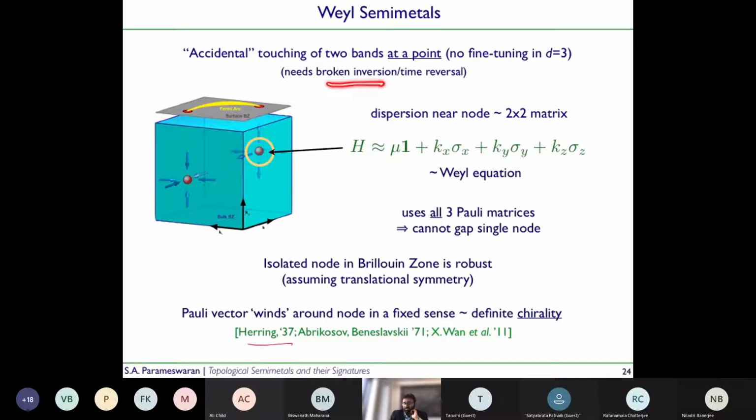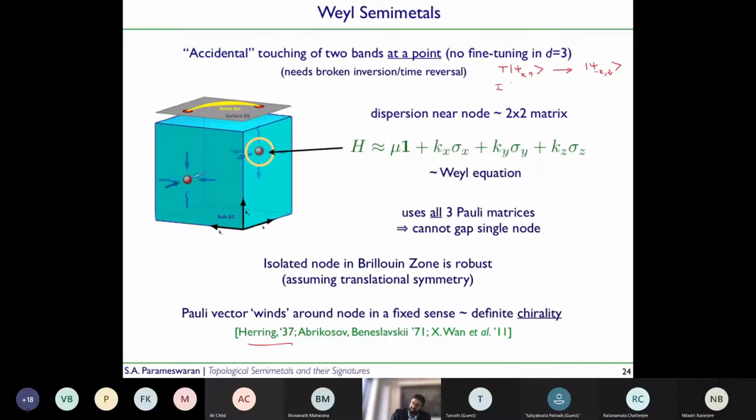But if I have a crystal which has inversion and time reversal symmetries, every energy level is twofold degenerate. The reason is that what time reversal does is say, take psi k up, let me give you an example, to psi minus k down.